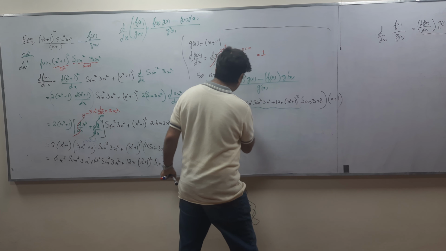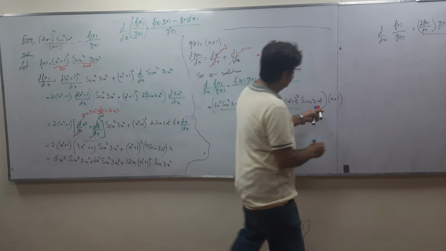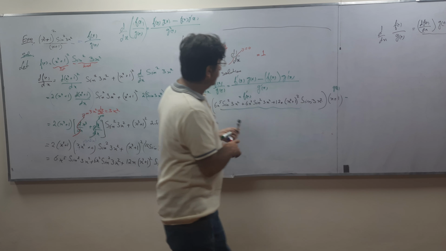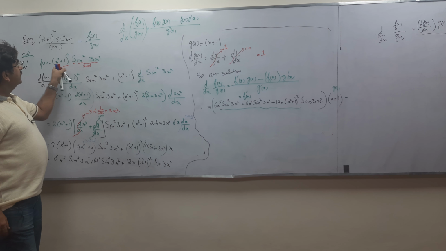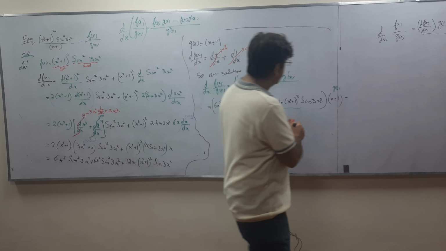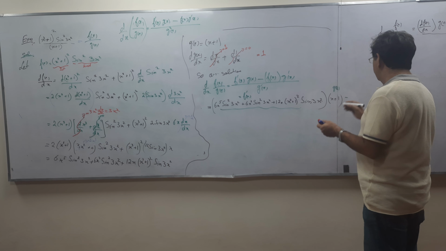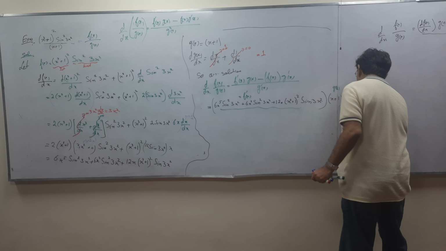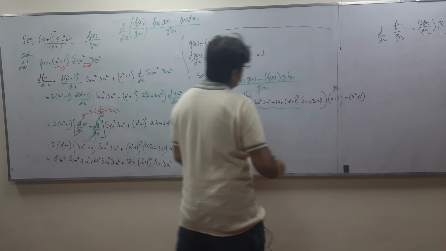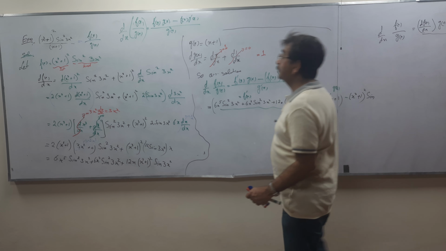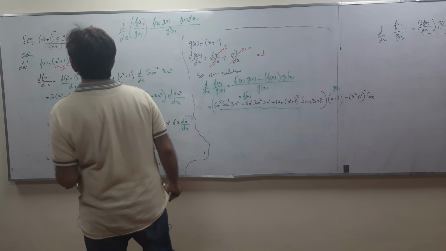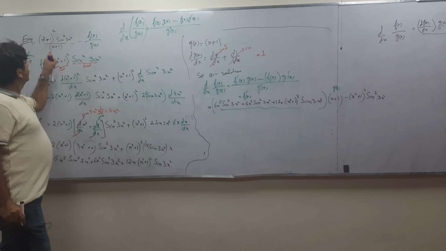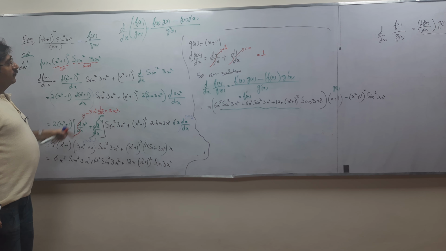This is fx and this is gx, minus fx, which is given: x cube plus 1 square sine square 3x square. And what is the derivative of gx?